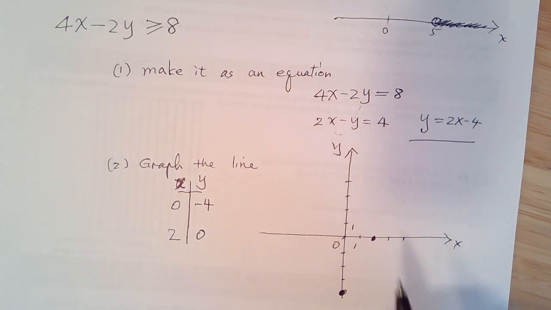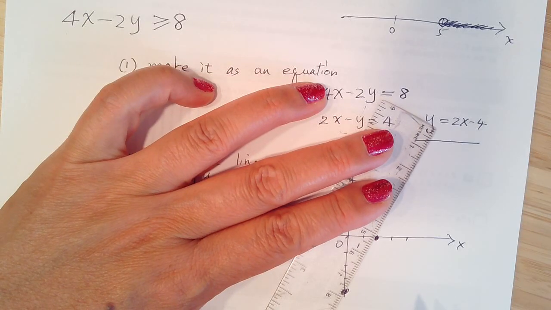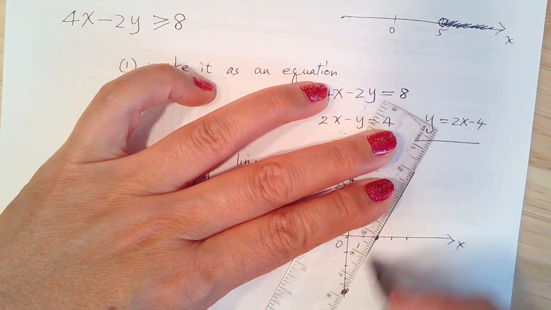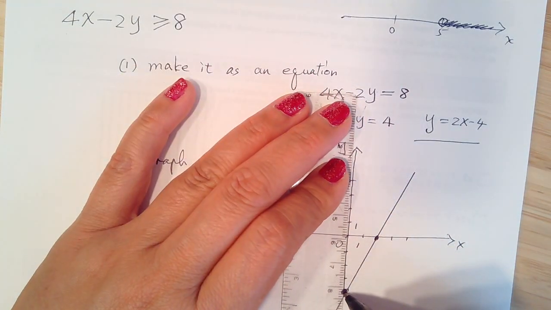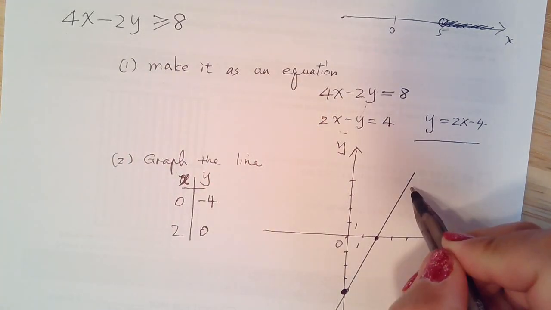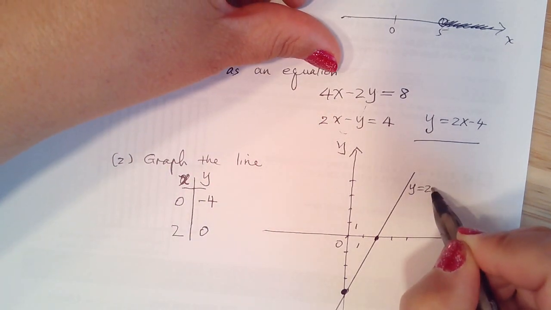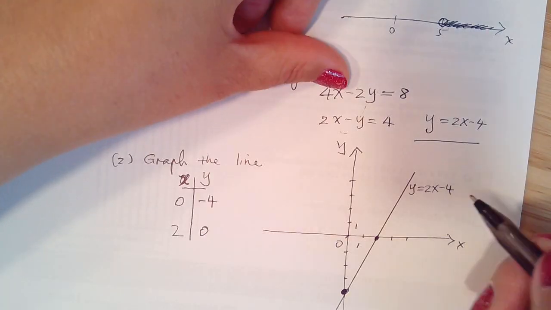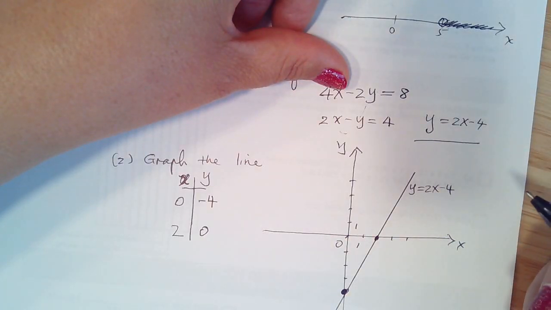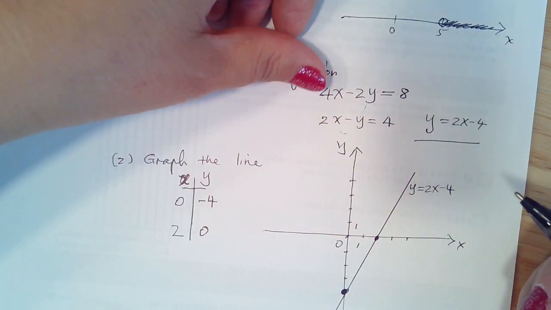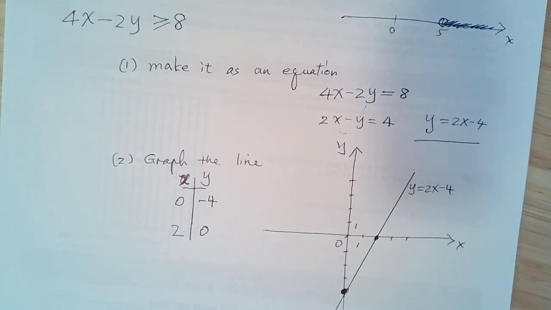It's right here. So I'm going to use this to get this line. So this line is y equals 2x minus 4, or you write 4x minus 2y equals 8, or you write 2x minus y equals 4. It doesn't really matter. It's the same line.